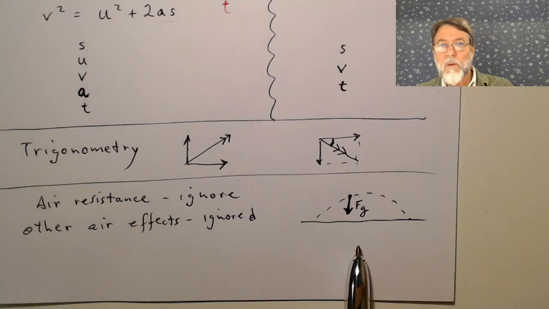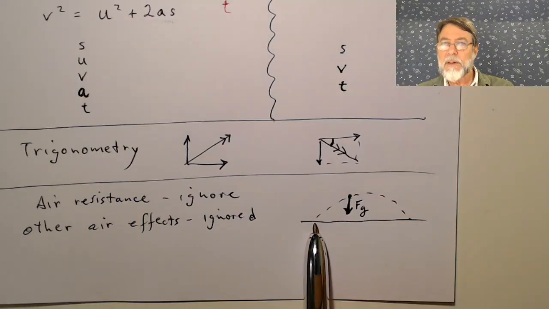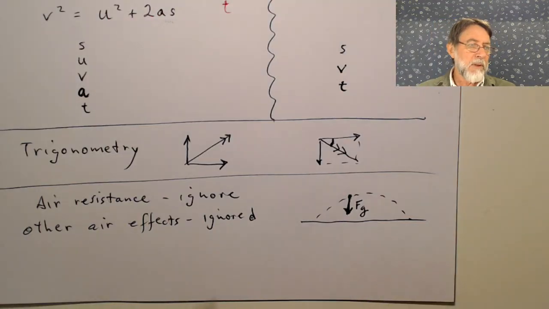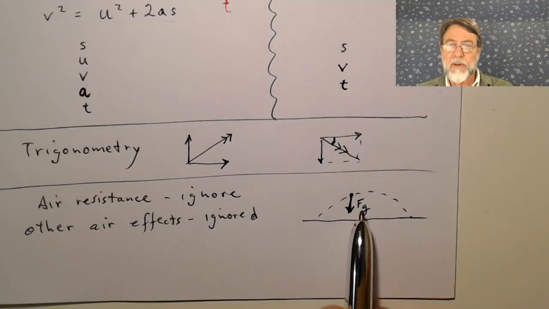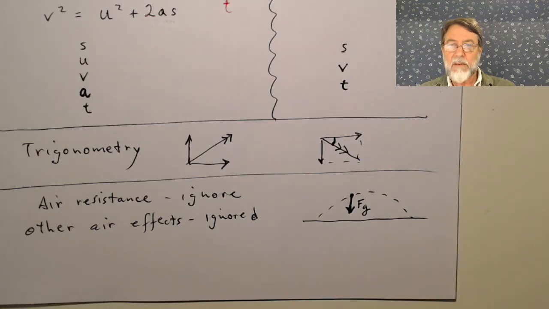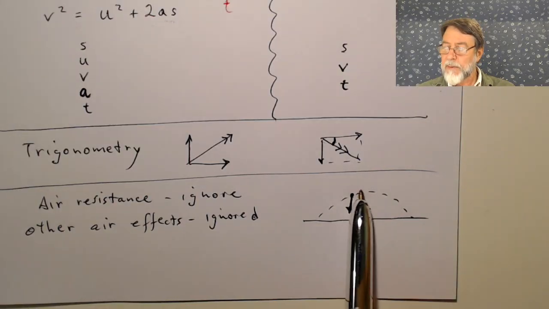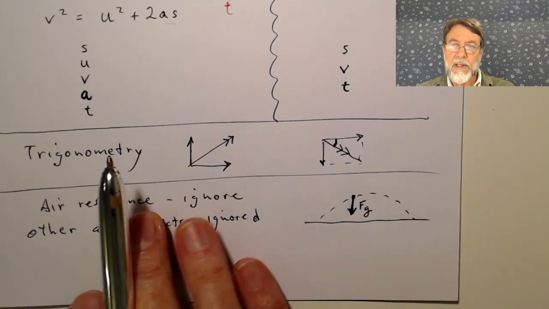So that means that you don't have to worry about what forces are involved in getting the thing going. Don't sit there thinking, well, do I have to calculate something about what launched it? No, you don't. It's in motion, worry about gravity. It also cuts out any forces at the end, the bang at the end, the catch or the hitting something. That isn't part of projectile motion. It's purely that path through the air with that single force of gravity acting.